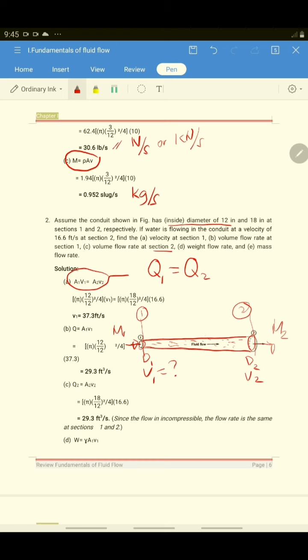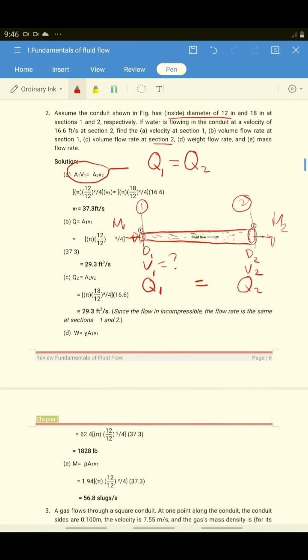So once you have now the velocity at section 1, you can get the flow rate at section 2. So they are equal. The volume flow rate of section 1 is also equal to the volume flow rate at section 2.